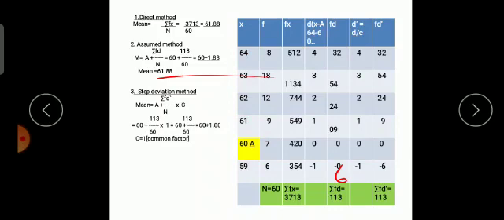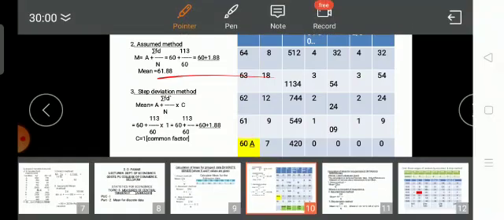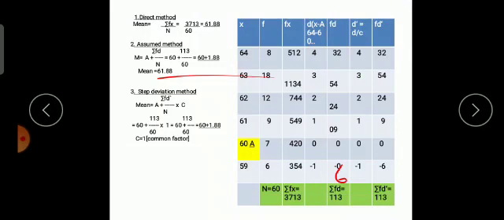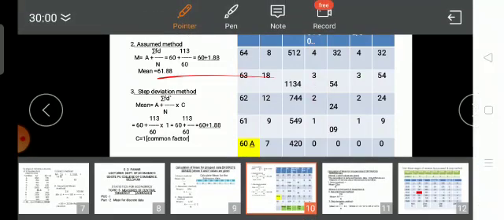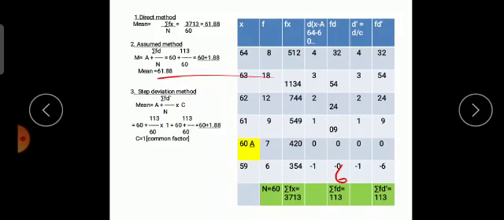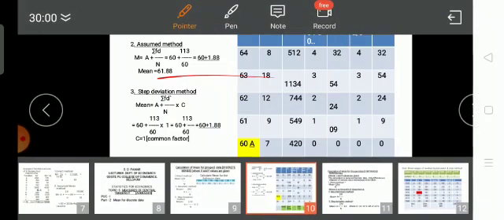Then a is 60 and you find d, that is x minus a, the x value minus the assumed mean. That is 64 minus 60, you are getting 4, 63 minus 60, you get 3, 62 minus 60, you get 2, 61 minus 60, you are getting 1, and 60 minus 60 is 0, 59 minus 60, you will get minus 1 here.